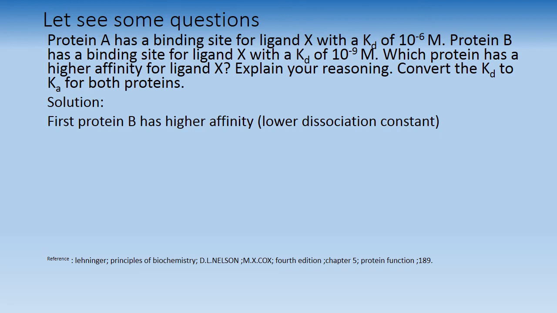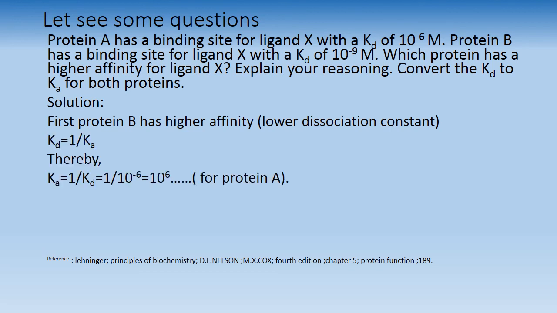First, protein B has a higher affinity because it has a lower dissociation constant value. Secondly, Kd is equal to 1 by Ka, so Ka is 1 by Kd, which is 1 by 10 raised to minus 6, equal to 10 raised to 6 for protein A. Similarly, you can convert it for protein B, and the answer will be 10 raised to plus 9.